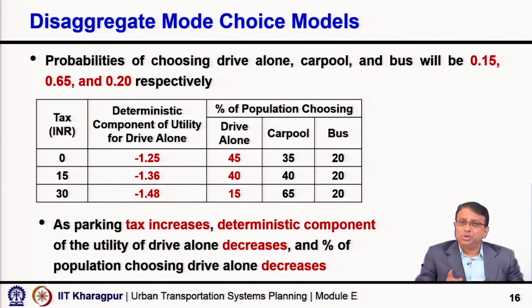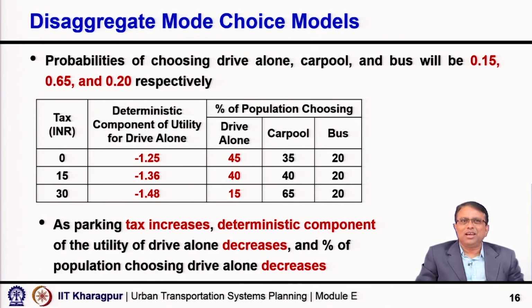Similarly, the actual choice, considering the set of equations 1 and 2, and considering 2 user groups, group 1 and group 2, and 3 car ownership levels, their individual choices and the overall distribution, the drive alone percentage will be how much? First case 45% in reality, actual choice; second case only 40%; third case only 15%.